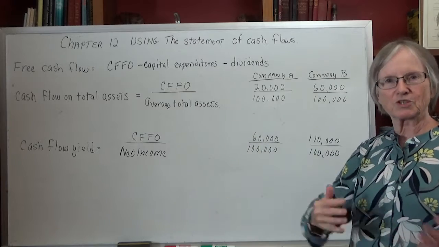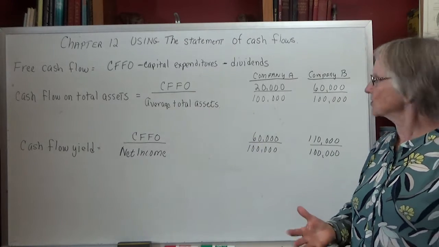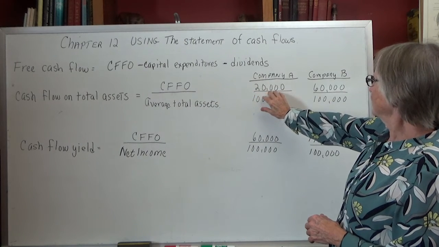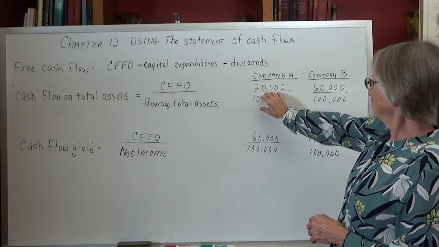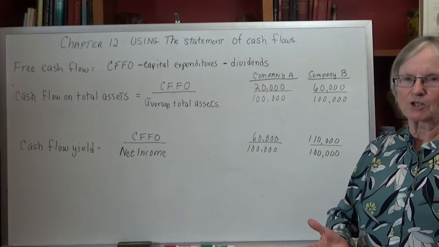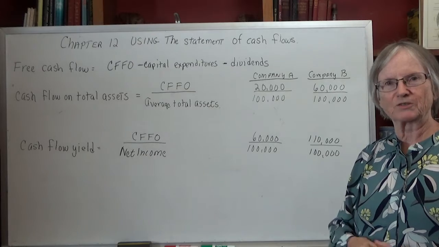So you're working with the same total assets. But company A manages to have cash flow from operating activities of 20,000, and company B generates 60,000.